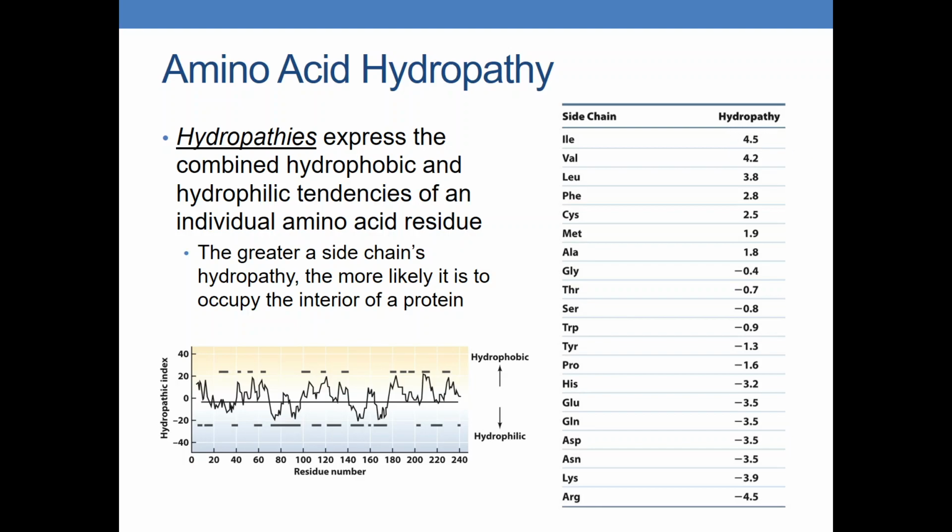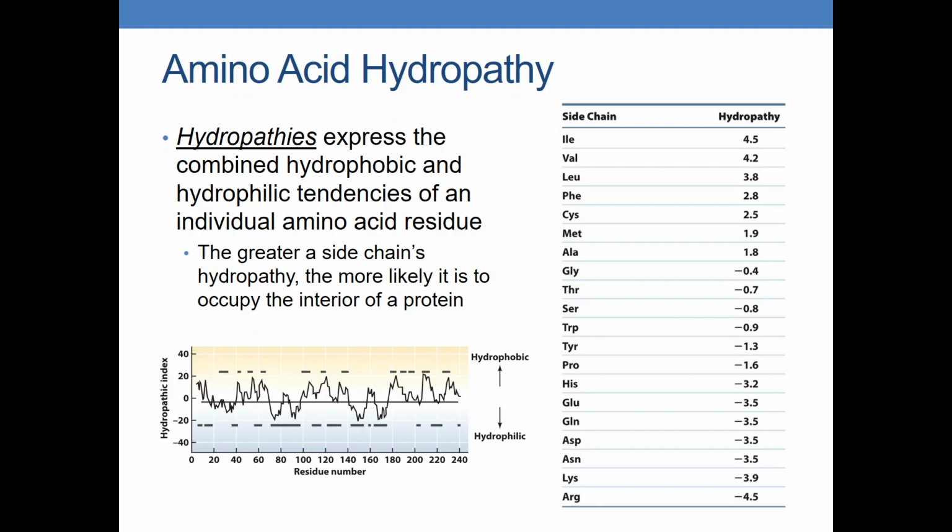Okay, so the hydropathy index, what is it? Well, it is a way to express the combined hydrophobic and hydrophilic tendencies of an individual amino acid. So the more positive that hydropathy index is, the more nonpolar the amino acid side chain is.